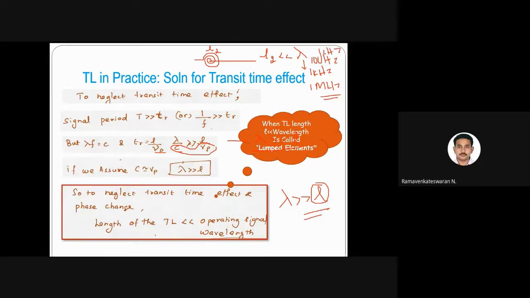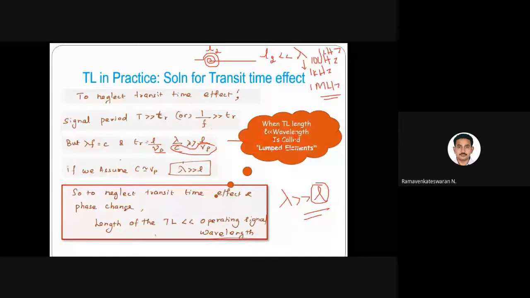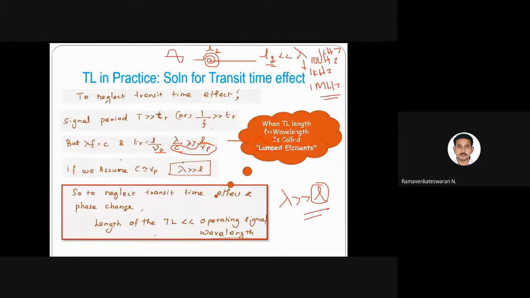In this frequency range, my length is very small compared to the wavelength, so the transit time effect is not visible in such small devices. In inductors only the induced EMF effect will be there, but it is not going to affect the signal. There is no transit time effect because the operating wavelength is very high.